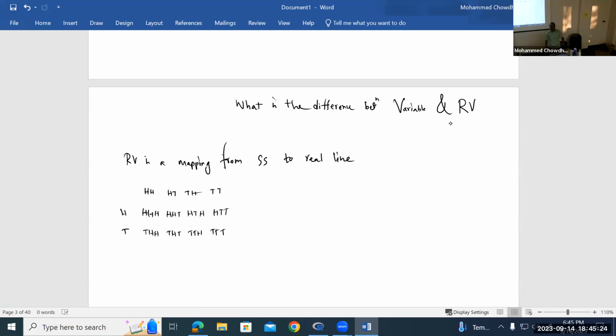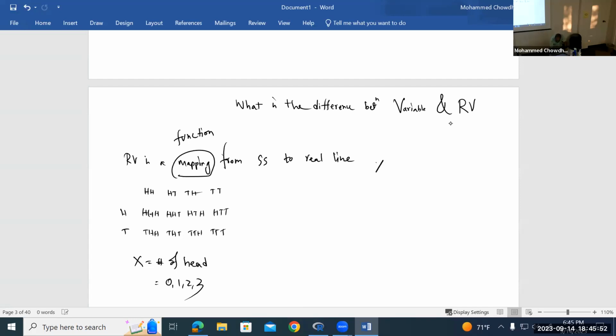Understand? X equals the number of heads. So X equals what? 0 heads, 1 head, 2 heads, 3 heads, right? I said mapping. Mapping also means function. A random variable is a function. A function of what? Sample space to real line, right?